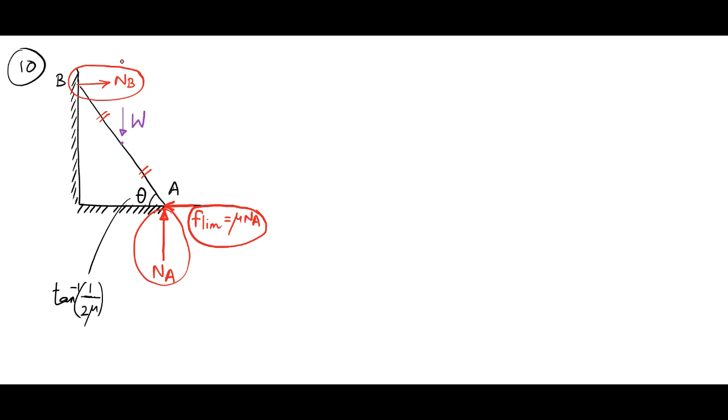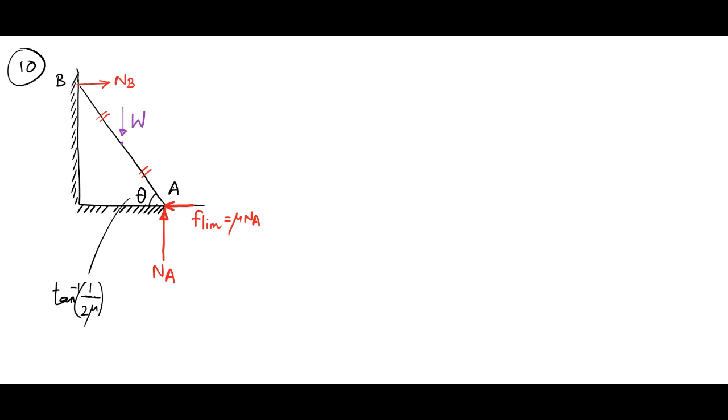That was the situation we arrived at, and of course we did find some values of some of the forces. For example, NB is equal to the frictional force over here, and also the value of theta for limiting equilibrium turned out to be tan inverse of 1 upon 2 mu. So this was the end result of question number 10.